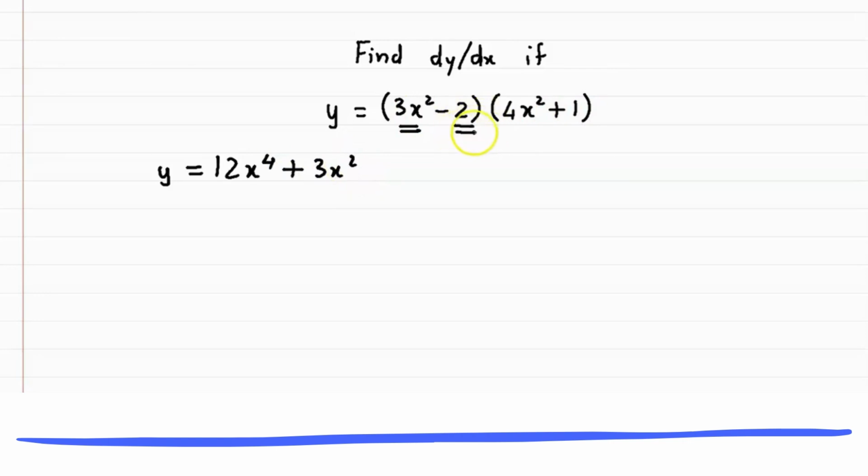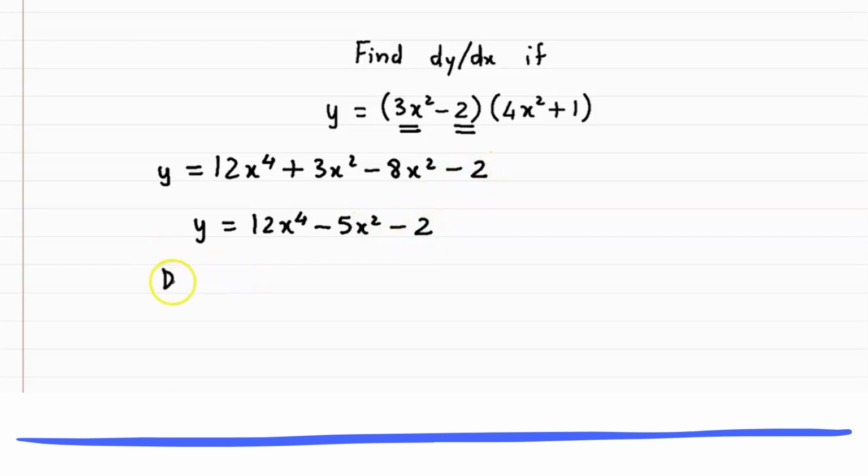Now we multiply by minus 2, so minus 2 into 4x square, that's minus 8x square, and minus 2 into 1, that's minus 2. So we have y is equal to 12 times x raised to 4. Now 3x square minus 8x square is minus 5x square, minus 2.